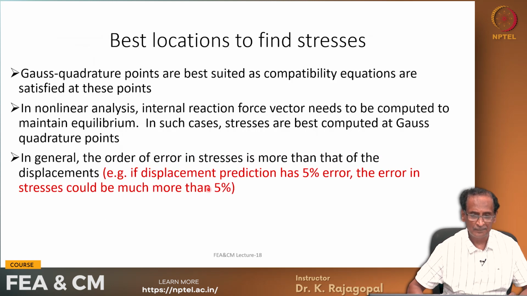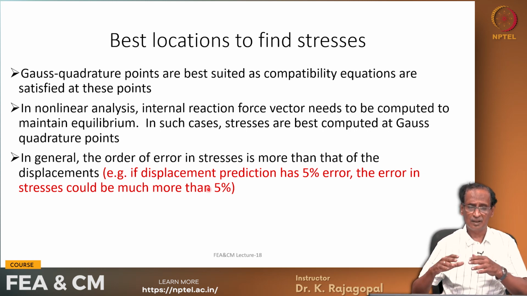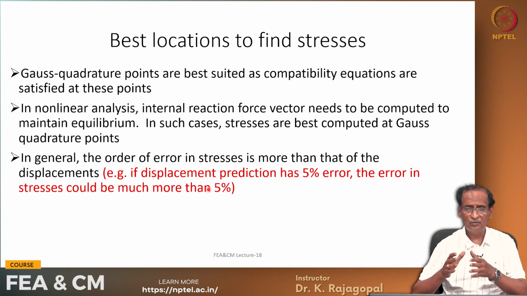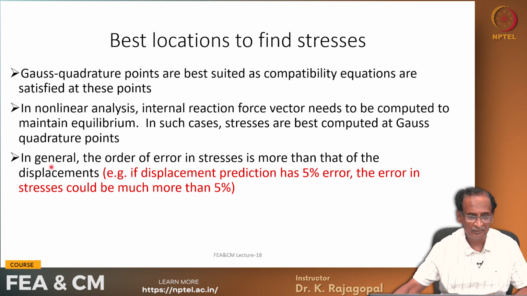And what are the best locations to find the stresses? See, till now we were looking at only the displacements, and the displacements are obviously determined at the node points. And so when it comes to the stresses, we have to see exactly where we are enforcing the compatibility conditions.